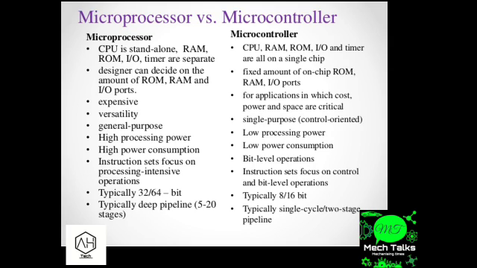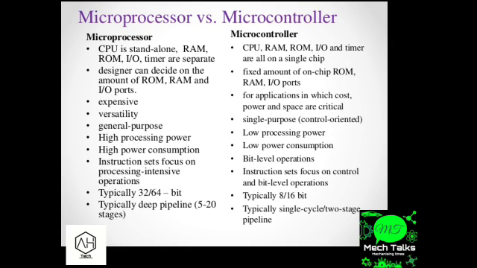So if we talk about the versatility, microprocessor can be applied in various kinds of applications because microprocessor is used only for processing a set of data. So it can be used wherever the processing power is demanding. But in the case of microcontrollers, they are only used for a single purpose.